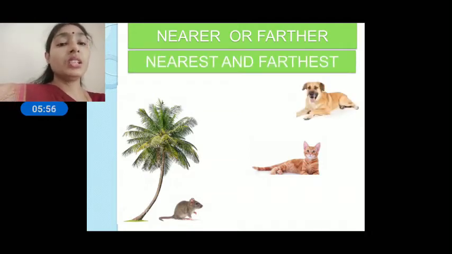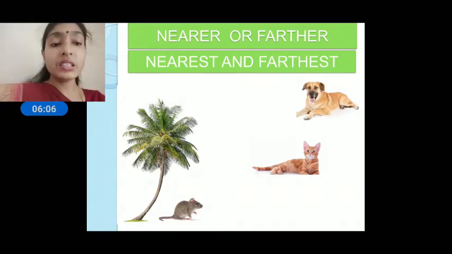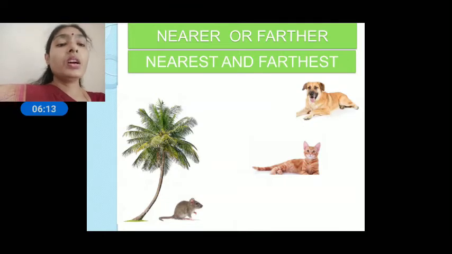Now see, yes, you can easily say the dog is the furthest from the tree, and the rat is nearest to the tree. Correct.